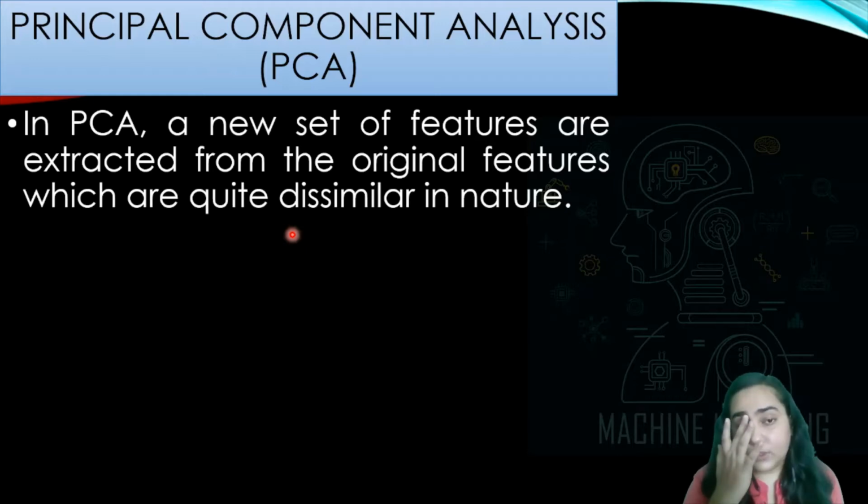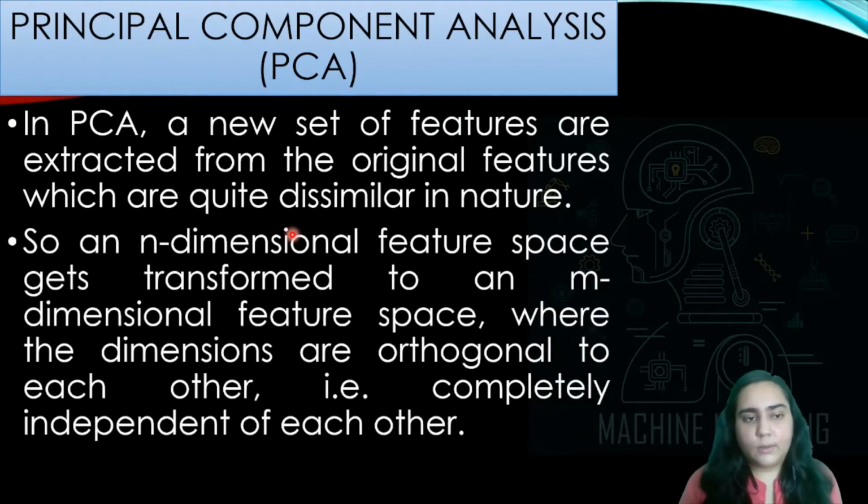So if you have an n-dimensional feature space, it could get transformed into an m-dimensional feature space where the dimensions are orthogonal to each other, that is completely independent of each other.